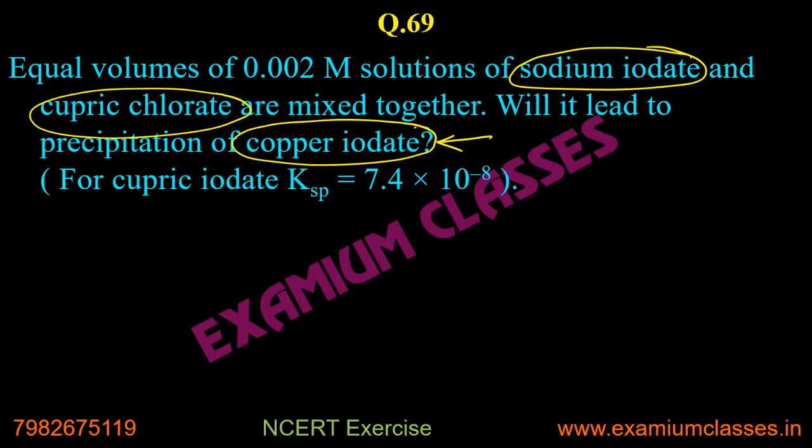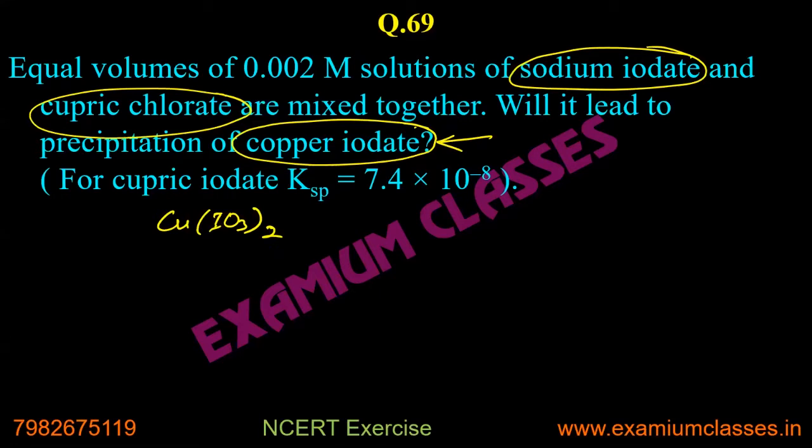So copper iodate, if I write the reaction, because we are interested in copper iodate, CuIO3 will give you... Now remember that chlorate is ClO4, CuClO4, and iodate is IO3. So IO3 is just -1 valency, so it will be twice.